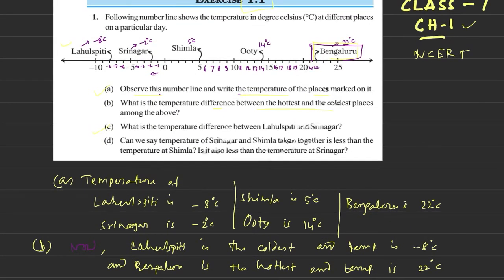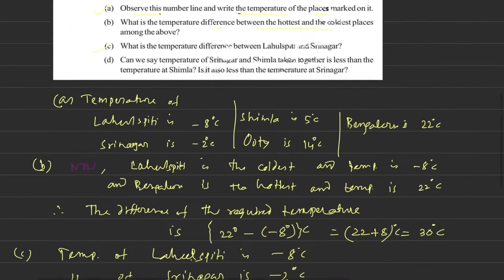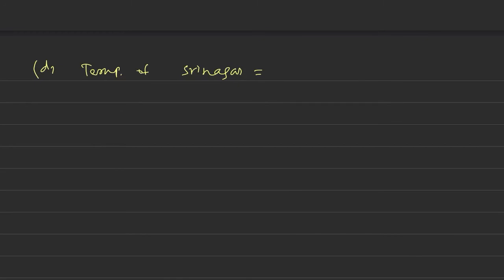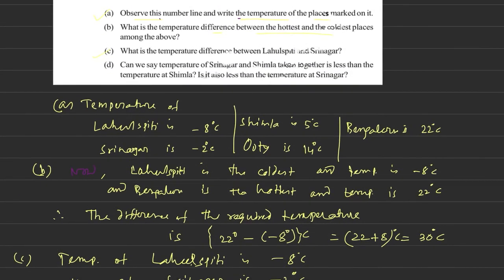The temperature of Srinagar is minus 2 degrees centigrade and Shimla is 5 degrees centigrade. And you have to find the temperature of Srinagar and Shimla taken together.